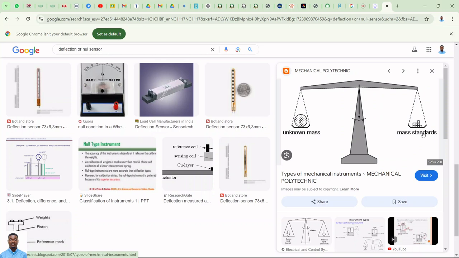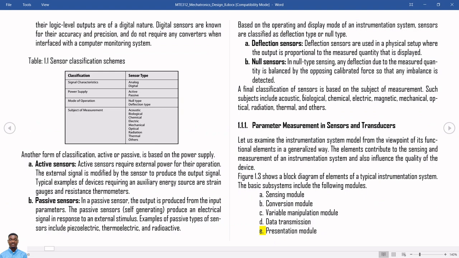So that is what a null effect sensor arrangement is all about. The final classification of sensors is based on the subject to be measured, which is a wide range of subjects. It can be acoustic, biological, chemical, electric, magnetic, mechanical, radiation, thermal, and so on.